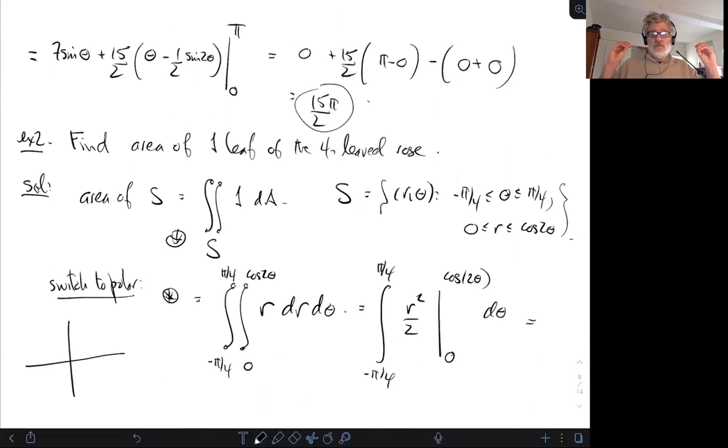Just remember when we sketched it out, when we went from 0 to pi over 4, r was positive. Then when we went from pi over 4 over there, r went negative, still negative, then positive. So you have to be very careful to make sure that the r that corresponds to the angles you're using is always positive. That's the only thing you have to be careful with.